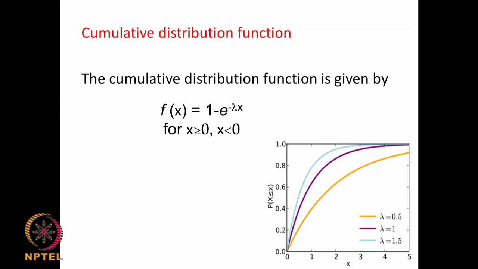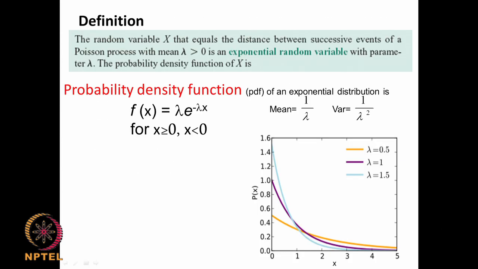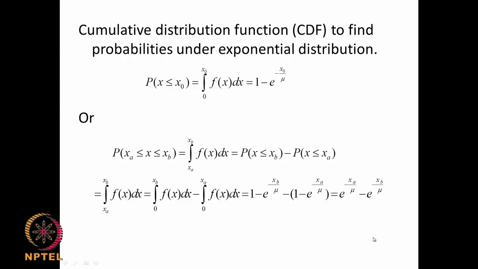All you need to do is it is given by this particular relation, 1 minus e to the minus lambda x, for different values of x, and because it is cumulative, it keeps building up as shown in this figure, whereas the probability density function keeps falling as a function of x. Okay.